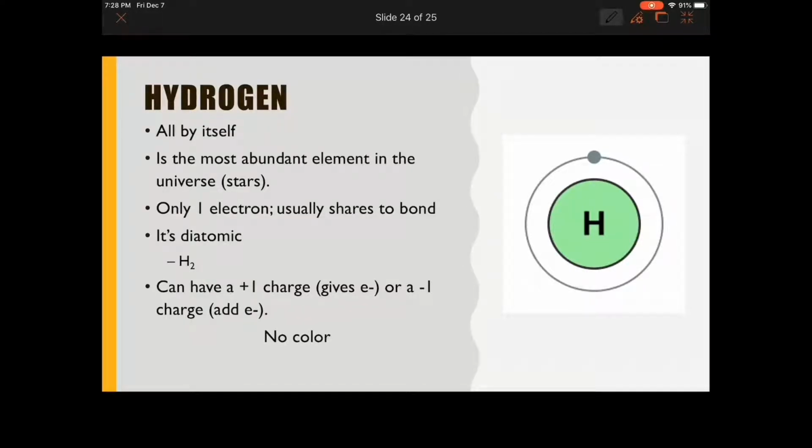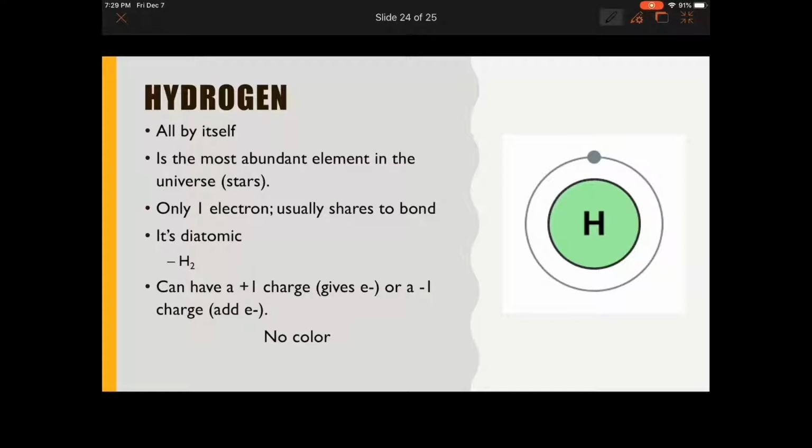Now let's talk about hydrogen. Hydrogen is all by itself, and it is the most abundant element in the universe. Hydrogen only has one electron and usually shares its bond. So it doesn't typically give up its electron or gain another electron. It likes to share it with other elements.